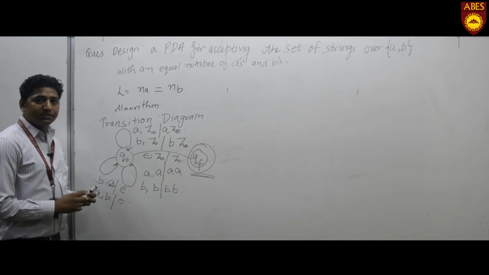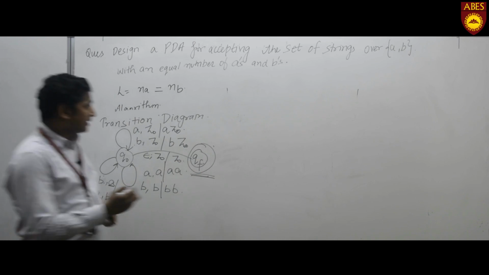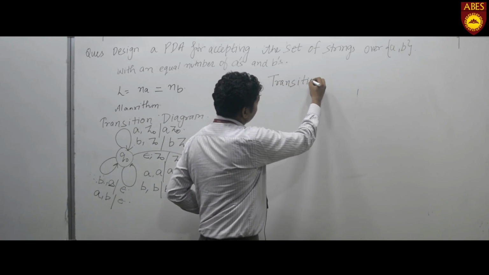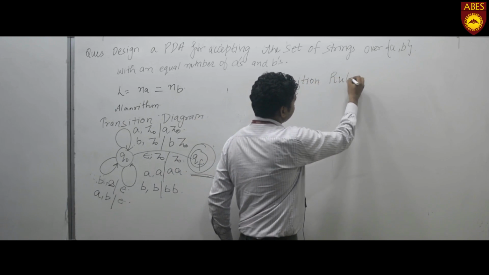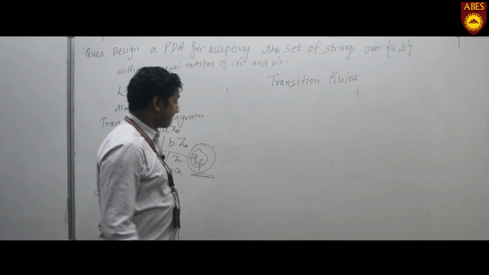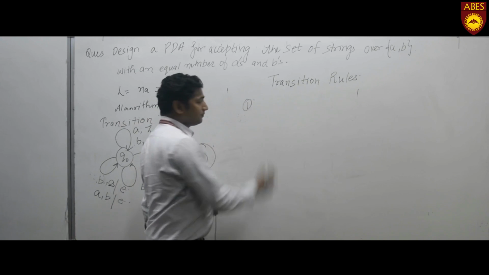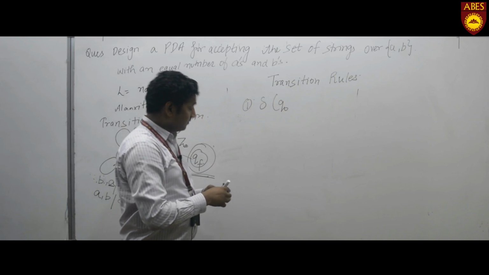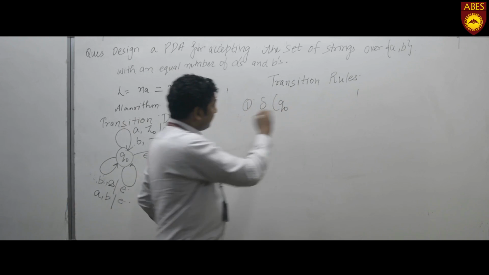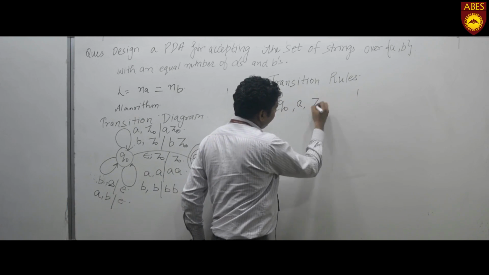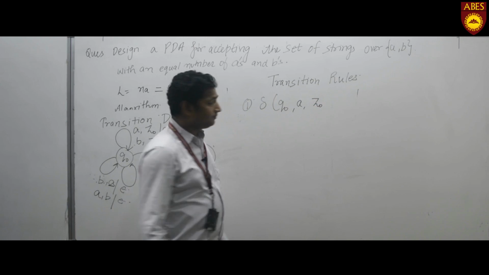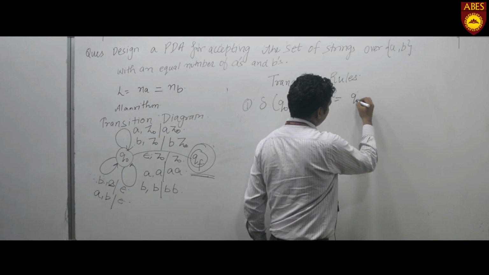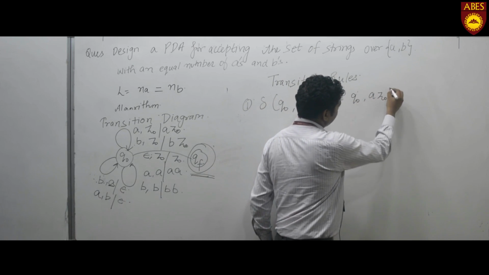Now we'll write the transitions for this. So the transition rules are, number first is, we are on state Q naught and input symbol is A and stack top is Z naught. So it will give us the output as Q naught A Z naught.